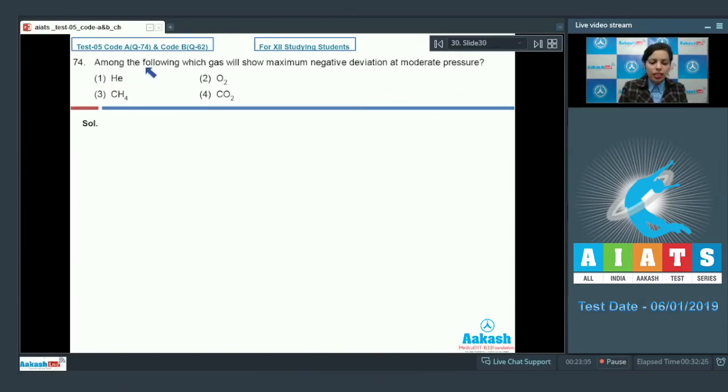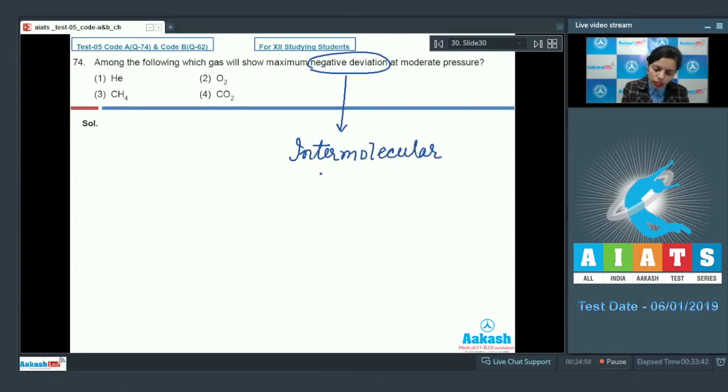Now after this, question number 74. Among the following, which gas will show maximum negative deviation at moderate pressure? If we talk about the negative deviation, this is shown by those gases which have intermolecular attraction.